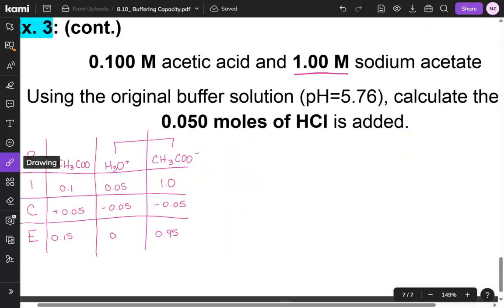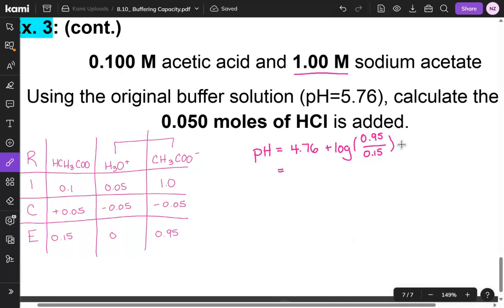All right, let's plug this into our Henderson-Hasselbalch equation. 4.76 is the pKa for our acid. And let's see, conjugate over acid, so 0.95 over 0.15.